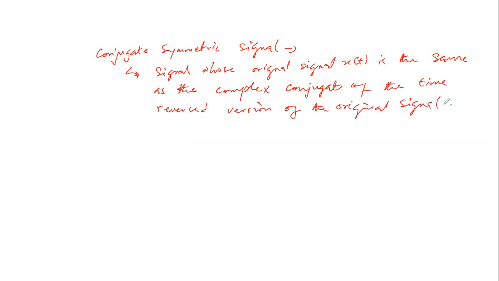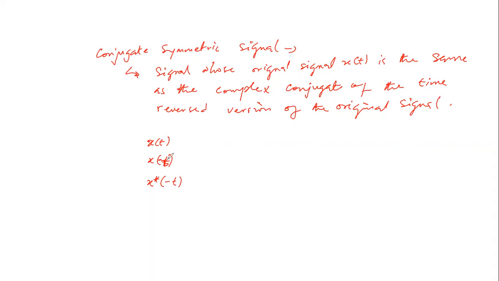So in other words, we have the original signal, S of t, get the time reverse version of the signal, and then take the complex conjugate of the time reverse version of the signal.